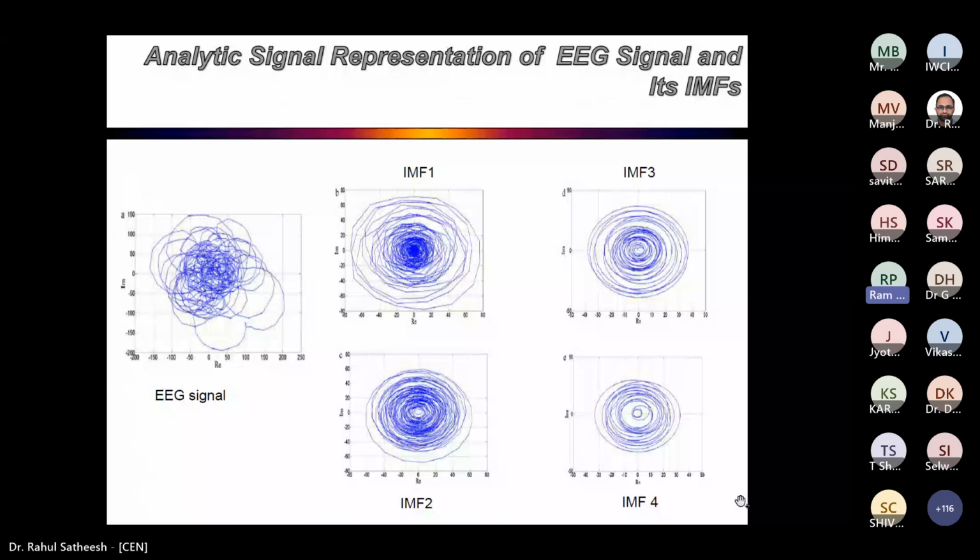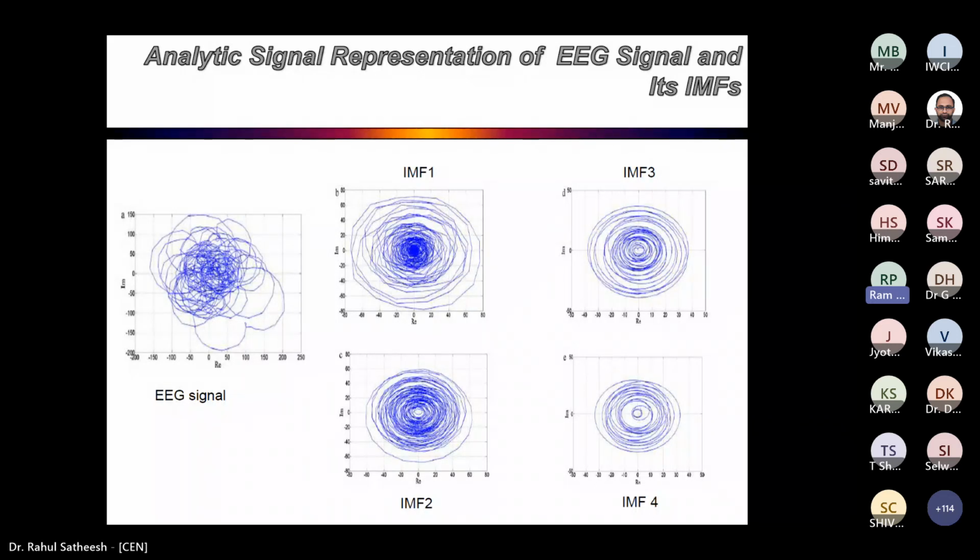Here you can see that in the analytic signal representation of the EEG signal without any decomposition, there is a presence of multiple centers and no specific geometry. On the other hand, in the analytic signal representation of IMF 1, 2, 3, 4, you have nice circular symmetry, and it can be used to detect the area parameter.